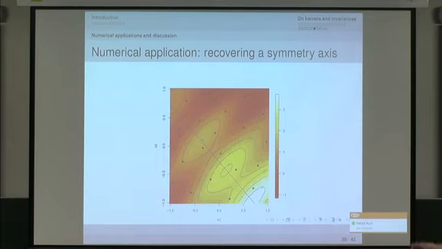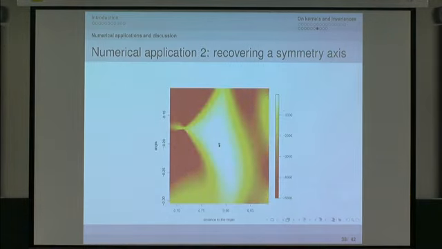And then we are going to do maximum likelihood on the two parameters that parameterize the axis. So basically, we try to understand what is the axis of symmetry of a symmetrical function based on a scarce subset of noisy evaluations. I'm not sure that there are so many methods that can do that, actually.